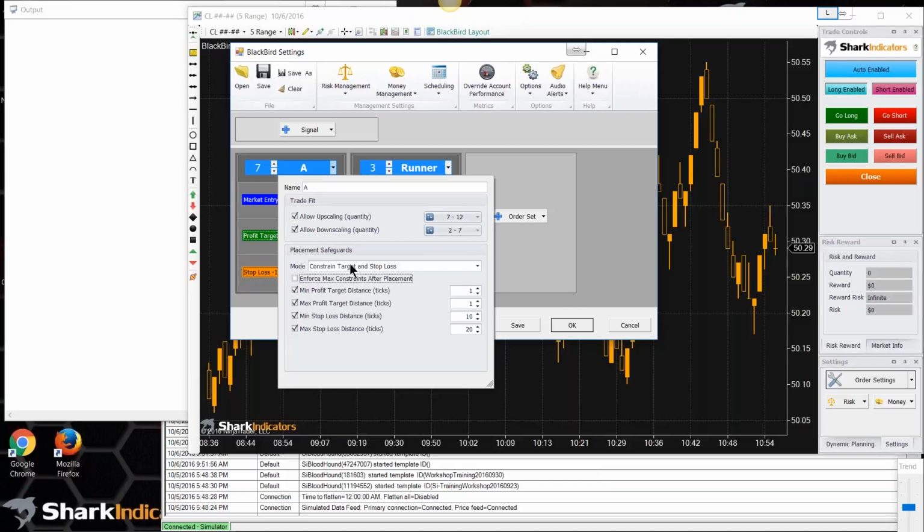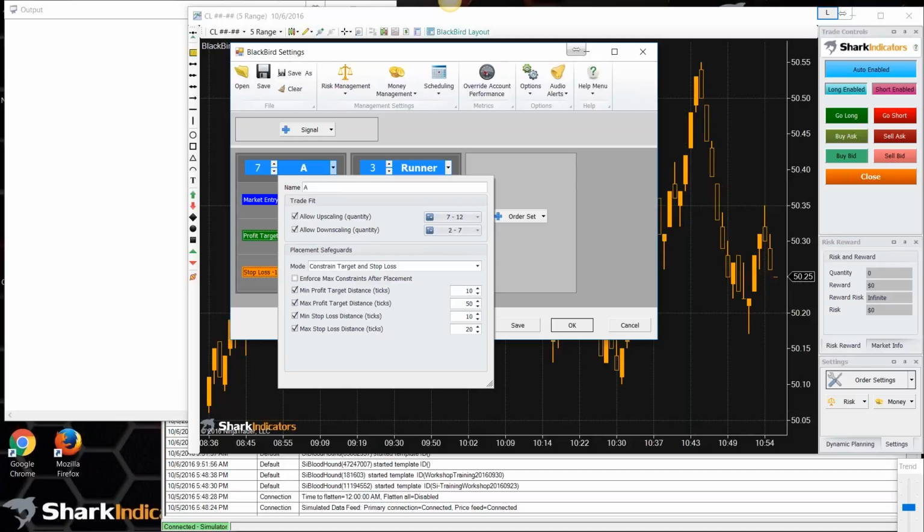So if you're constraining your orders, let's set something up reasonable here. Let's say we want a minimum of a 10 tick profit target, and a maximum of a 50 tick profit target. All right, so we got some constraints set up here.